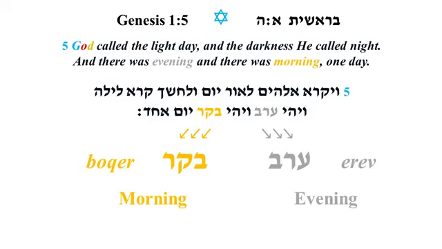And then just 3 verses later in Genesis 1:5, it says, God called the light day, and the darkness he called night. And there was Erev, and there was Boker, one day. Erev is evening. Actually, Erev is something obscure, dark and hard to see, and it's used to mean morning or evening.